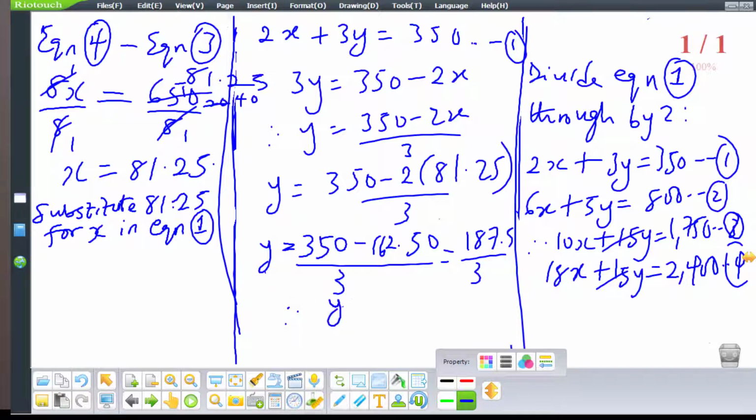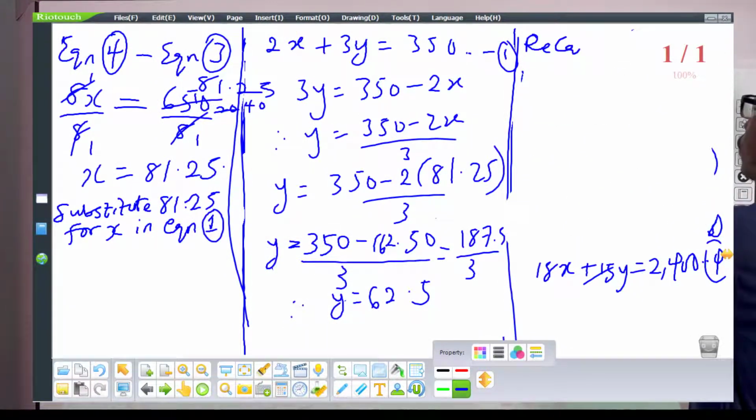Therefore 187.5 divided by 3 is going to be 62.5. That's going to be the value of our y and our x respectively.